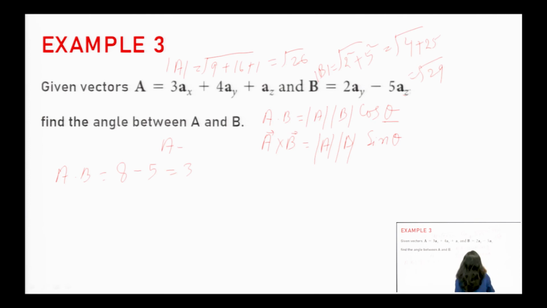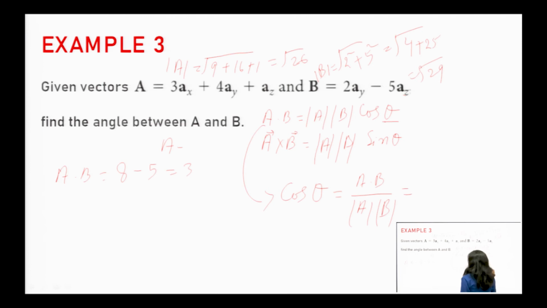Okay, so now we will apply this formula to find the angle between a and b. Cos theta will be equal to a dot b divided by magnitude of a and magnitude of b.